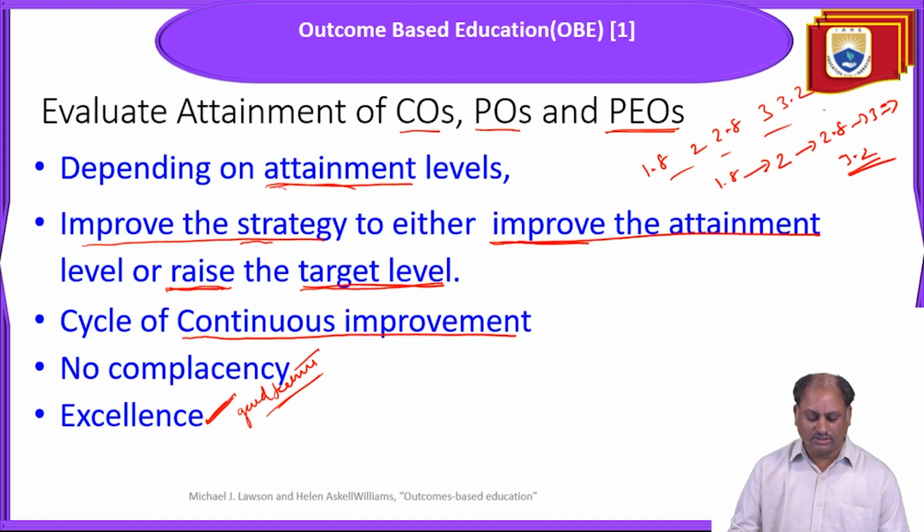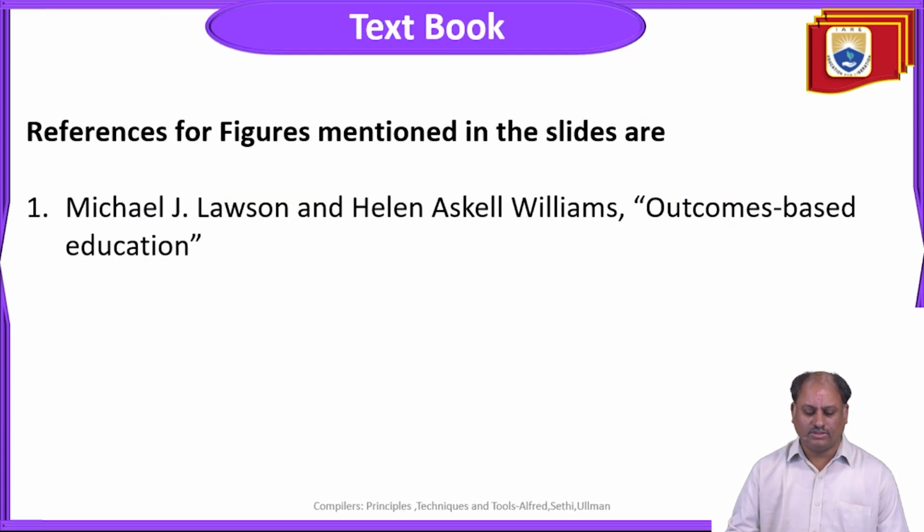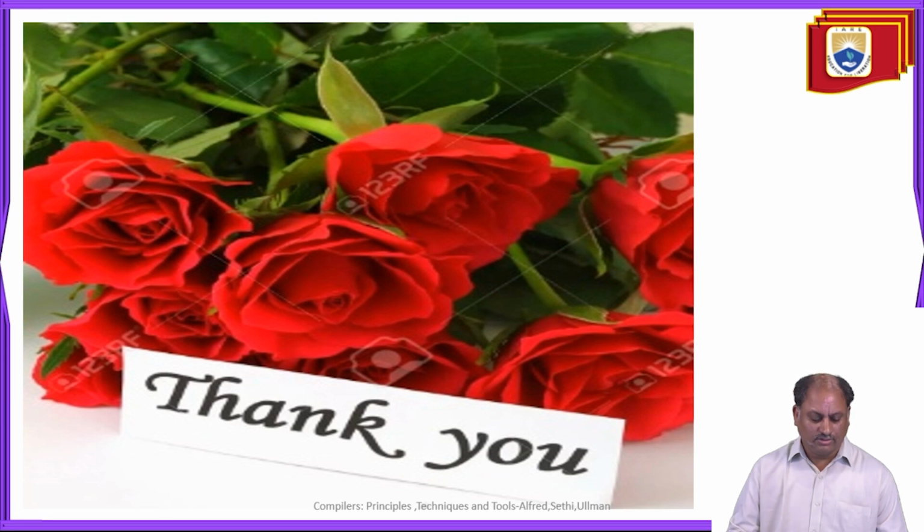And these attainments are to be set to targets with higher levels, for each year, increasing step by step, and at the end we can reach the target levels so that we can see the big picture. These are the contents discussed, available in the book by Michael Jason on outcome based education.